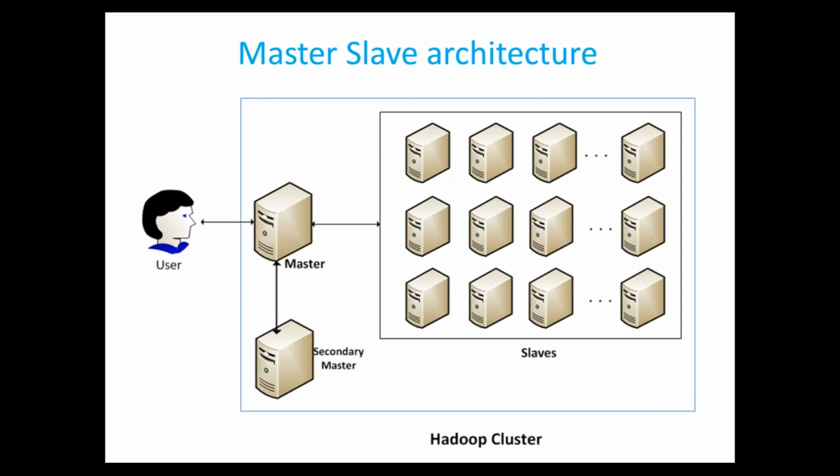Similarly, if the master machine is down, the secondary master can look into the responsibilities. And this complete setup, master plus secondary master plus multiple slaves, this complete group of systems is known as a Hadoop cluster.